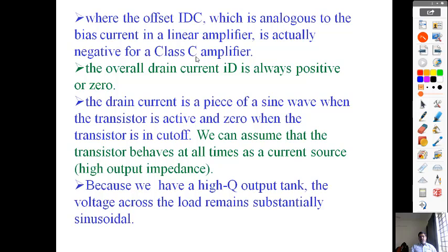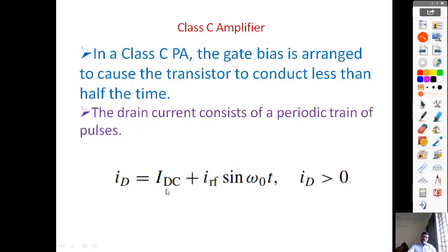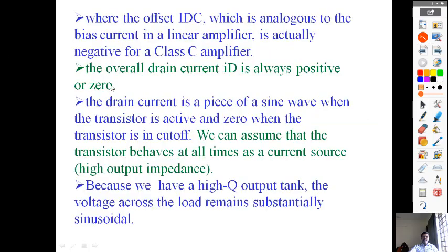The overall drain current ID is always positive or 0. Remember, IDC can be negative, but the overall current will be positive or 0. That means the IDC is far less than IRF sin omega t, the average value of this sinusoidal RF input signal.